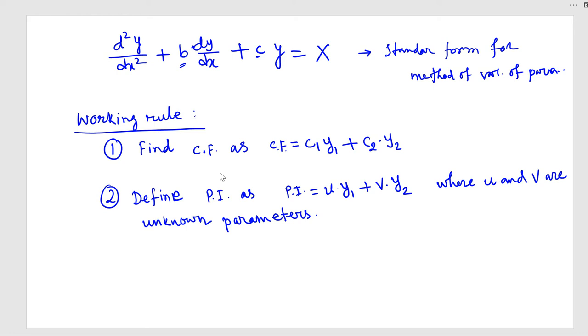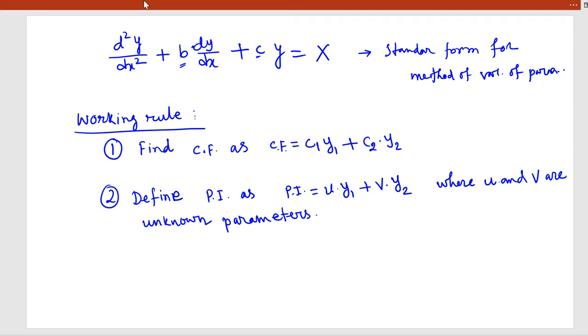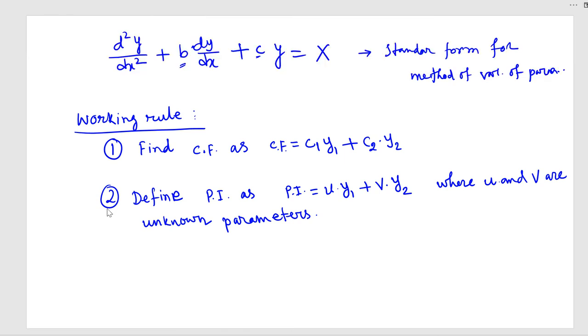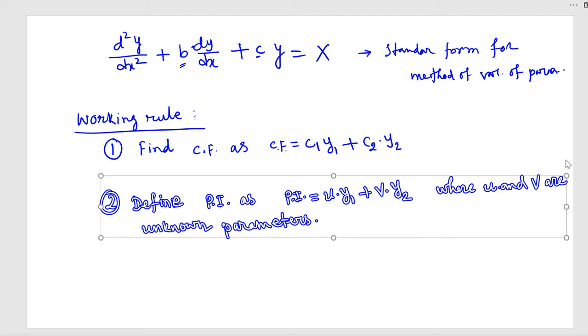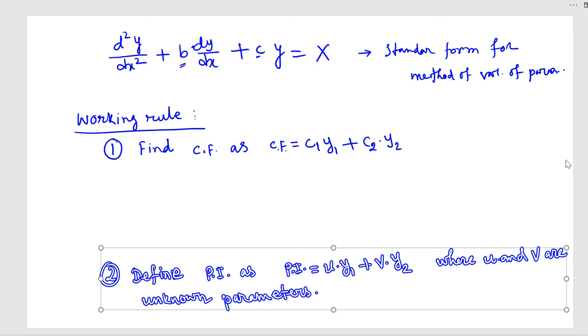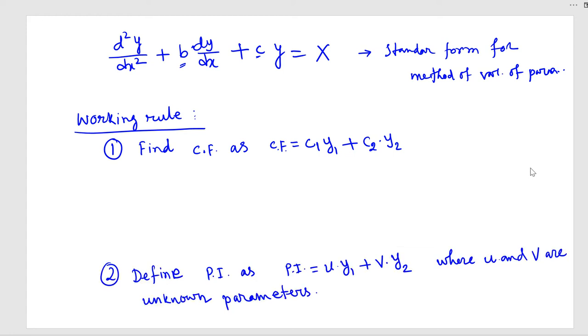In fact, this can be treated as step 3. Because if we don't check that y1 and y2 are independent, then we cannot proceed. Step 2 can be treated as: find one determinant whose name is the Wronskian.